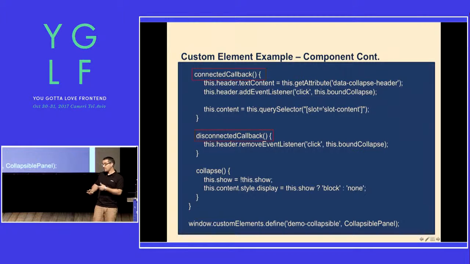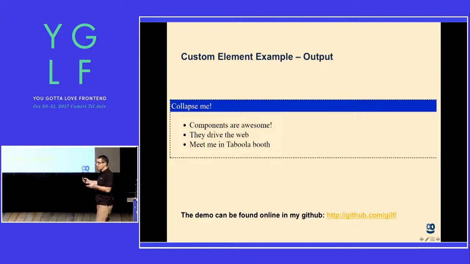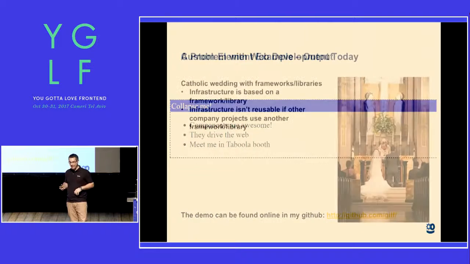So I need to wire things like event handlers and etc. I'll need to hook to those lifecycle events. And last but not least, I need to say to the browser, hey, this is a custom element, please define it. And the output will be some collapsible panel. And you can find this demo in my GitHub. Later on, you can go in and play with it.